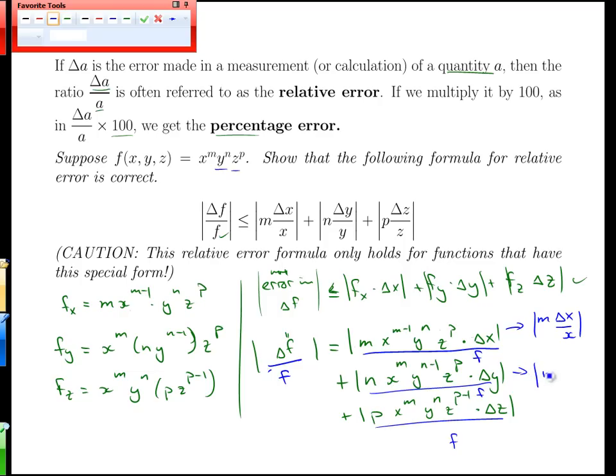Likewise, this n out front, the delta y we keep, but we're missing one power of y that's in f, so we get n delta y over y. And last but not least, p times delta z over z. With those three terms, that's exactly what we have in this general formula.